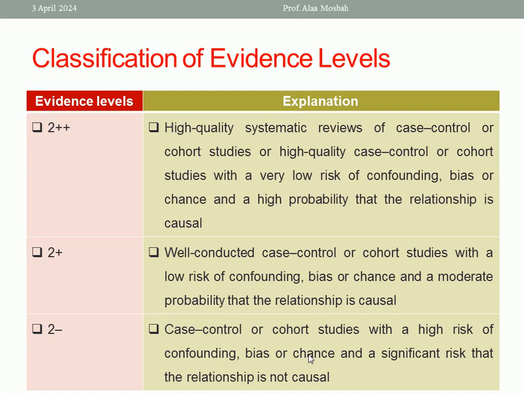Well conducted case control or cohort study with low risk of confounding, bias, or chance, and a moderate probability that the relationship is causal. 2 minus means what? Case control or cohort study with high risk of confounding, bias, or chance and a significant risk that the relationship is not causal.